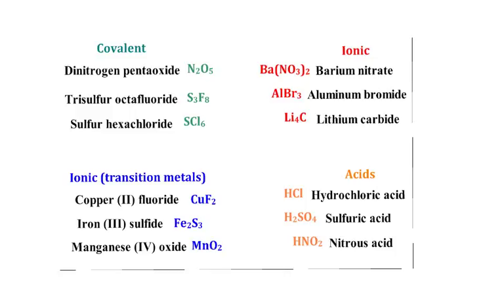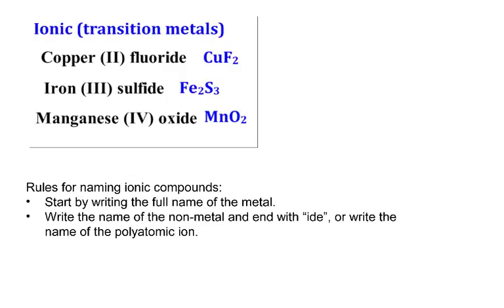So today we're going to talk about ionic naming, but then now we have transition metals. And then we're also going to briefly talk about acids. So let's take a closer look at the ionic naming when you have a transition metal.